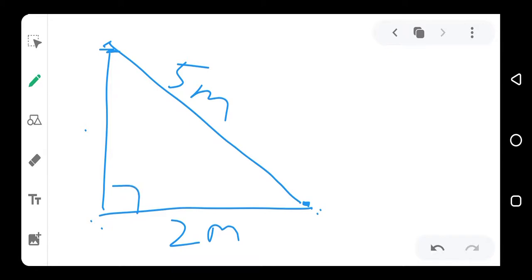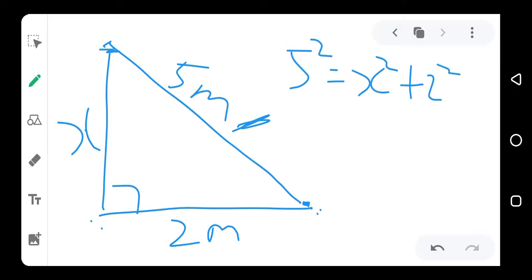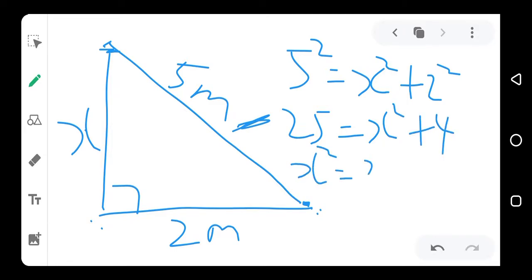So that means that this place becomes the hypotenuse, while the other sides are the adjacent. Now we can call this place x, and we now say that 5 squared is equal to x squared plus 2 squared. 25 is equal to x squared plus 4, and x squared is equal to 25 minus 4.